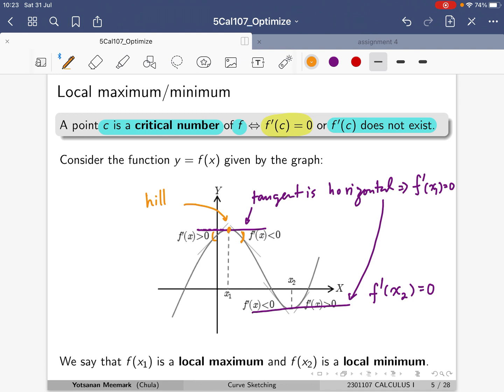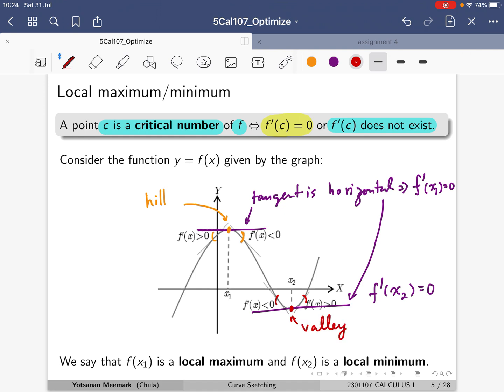Only nearby. This other one is like a valley, which means that among all nearby points, it attains the lowest value. Sometimes this is called a valley.